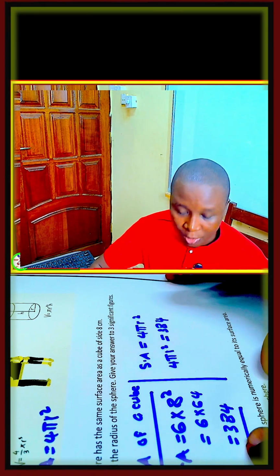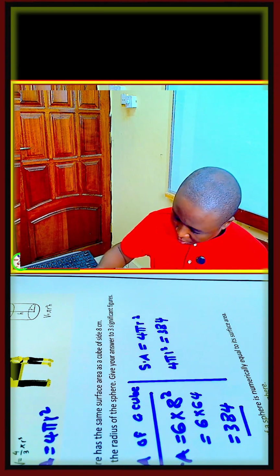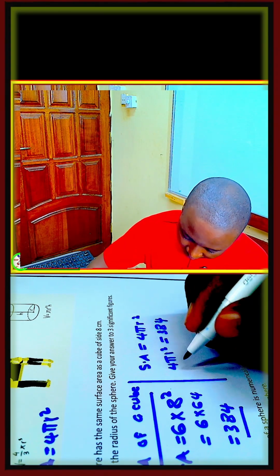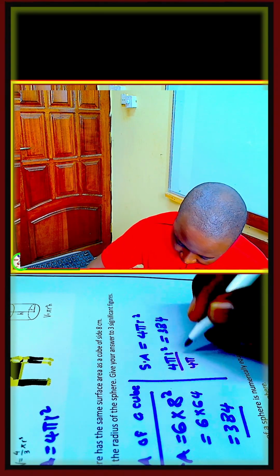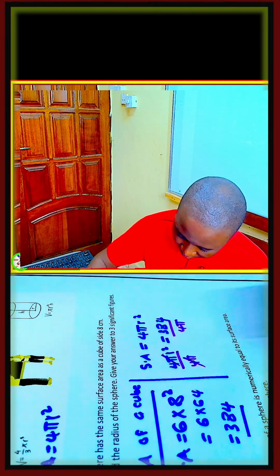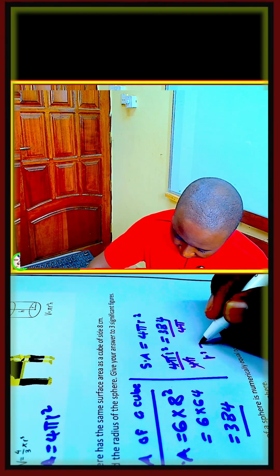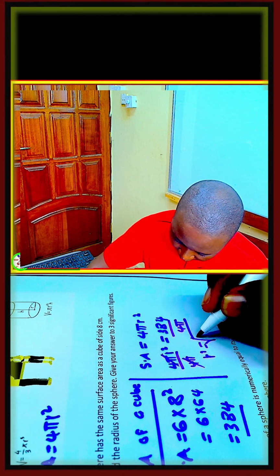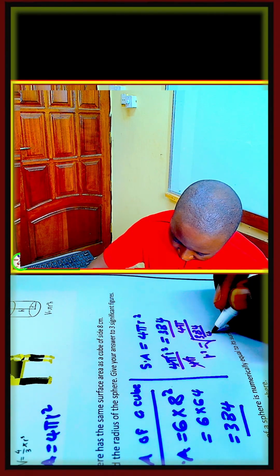That's why I'm equating this. Then we can divide both sides by 4 pi. This will cancel out, and we shall have r squared is equal to 384 over 4 pi, so r is the square root of 384 over 4 pi.